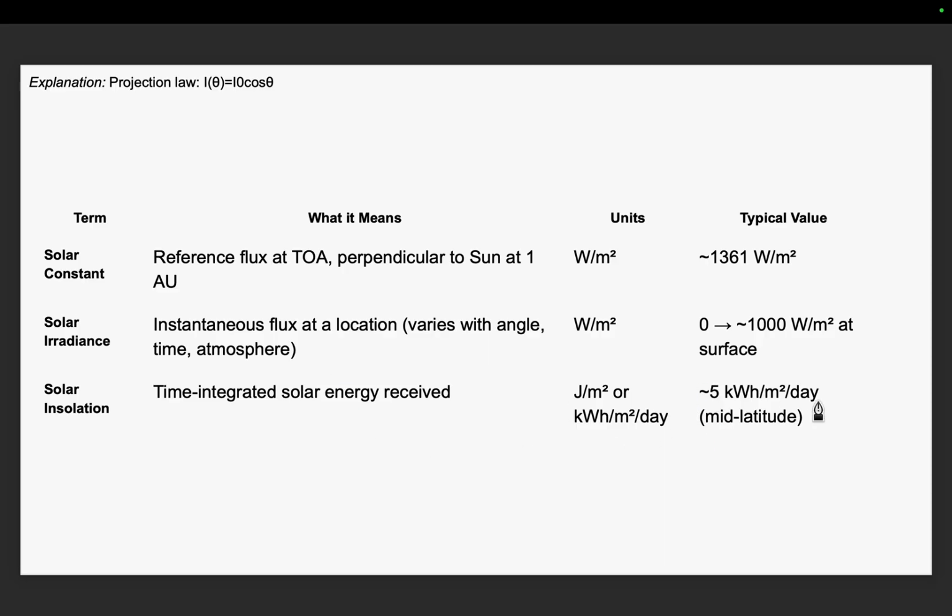We will not consider these values now, but solar insolation and solar irradiance are two different terms. Solar insolation is the time integrated solar energy received from the Sun at a particular location, and solar irradiance is the instantaneous flux at this location.